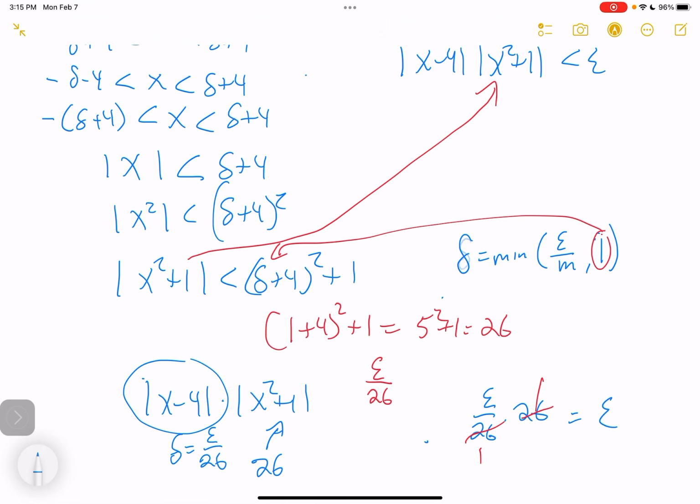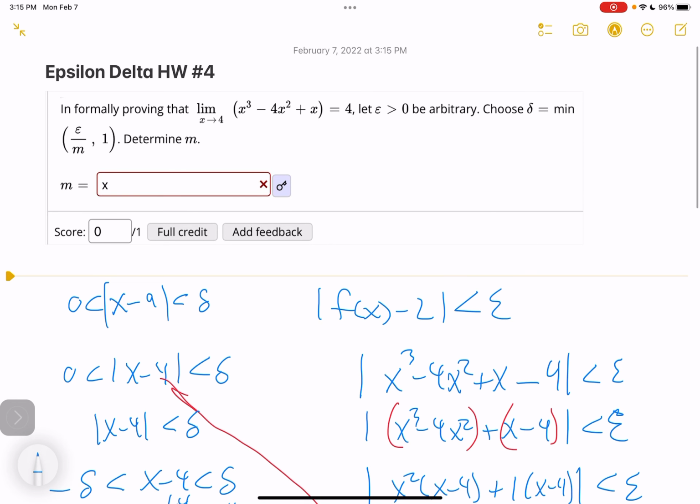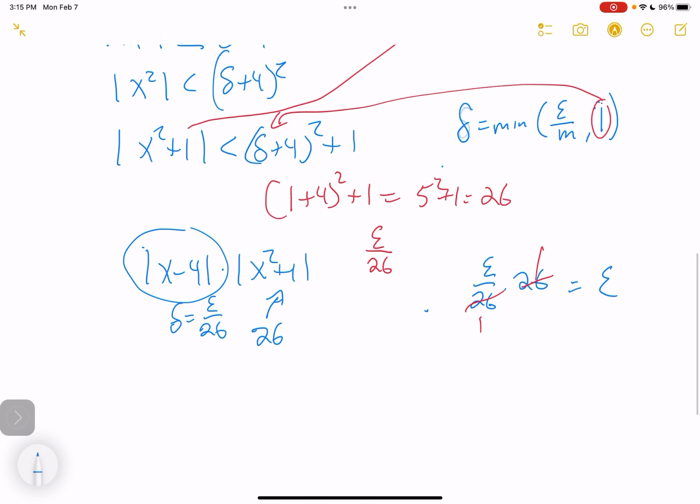And that's what it's about. And that's why, for this problem up here, m would have to be 26. So delta is the minimum of epsilon over 26, or 1. So that is your m. I hope that helps.